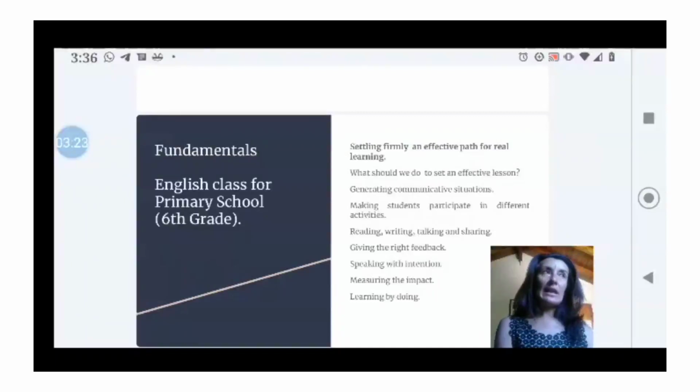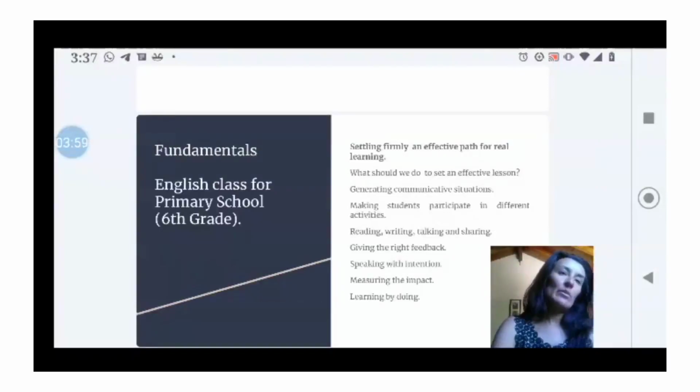So, settling spaces to share and communicate is the most important aspect of your lessons. Making students participate in different activities. Reading, of course. Communication is not just talking. Reading, writing, understanding, talking, and of course, sharing. We are in a group. We are social animals, social beings.